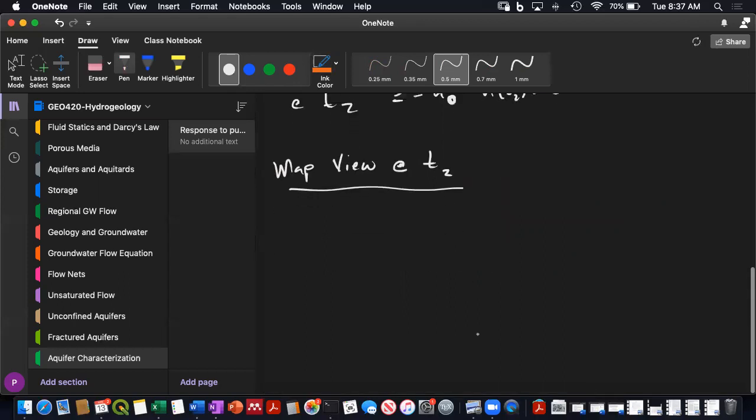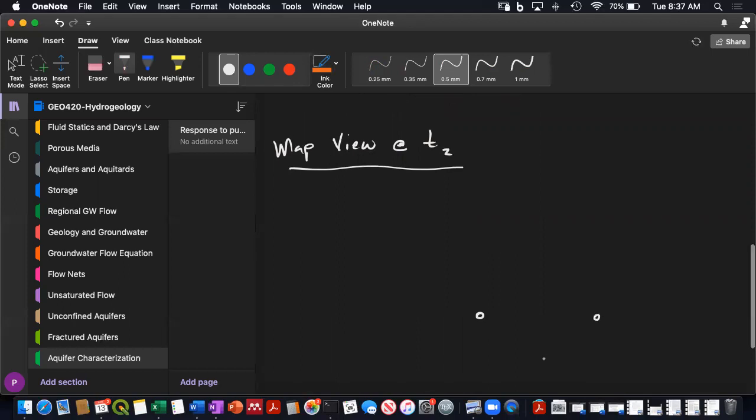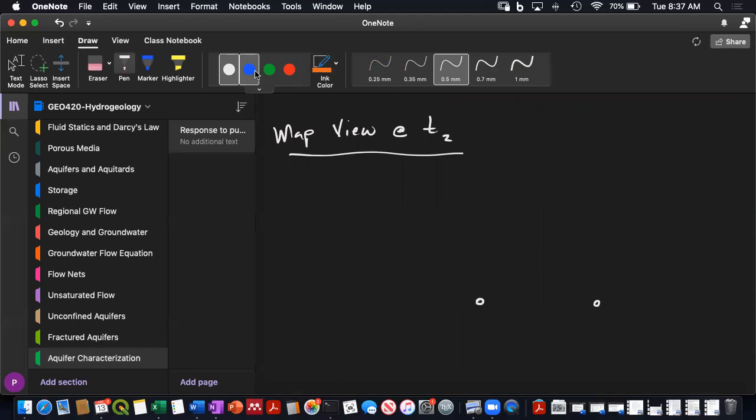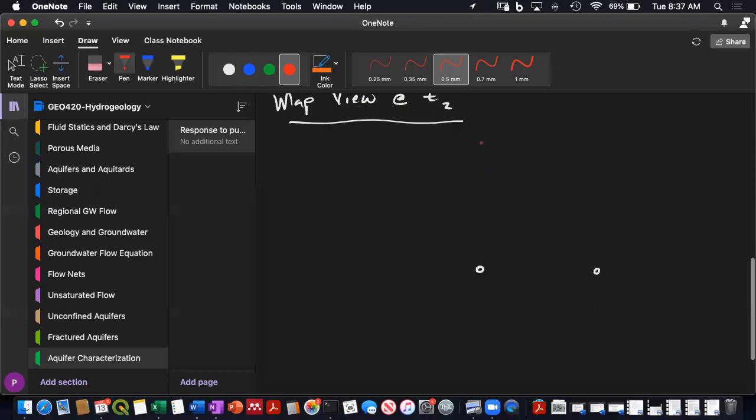All right, so in the center of our map view, here's the well. Here's our observation well over here. And I'm going to draw head contours here. I'll draw them in red like we usually do. And at time t equals t2, the H naught contour would look like a circle surrounding our well.